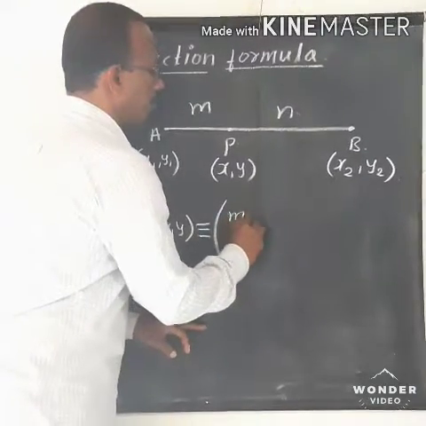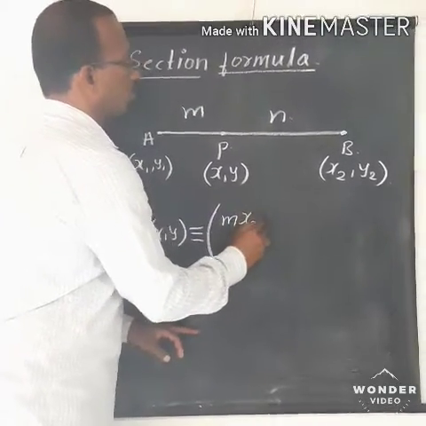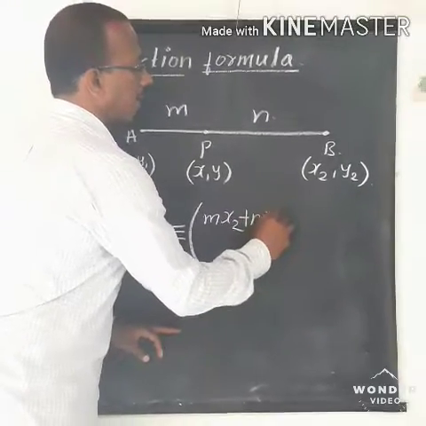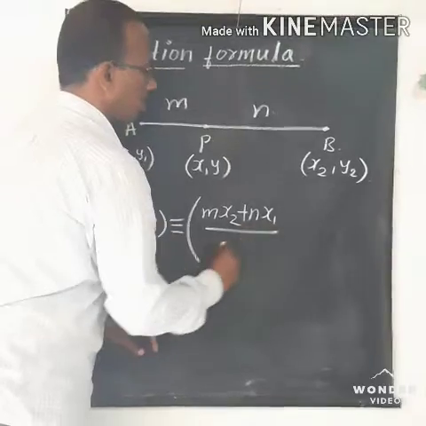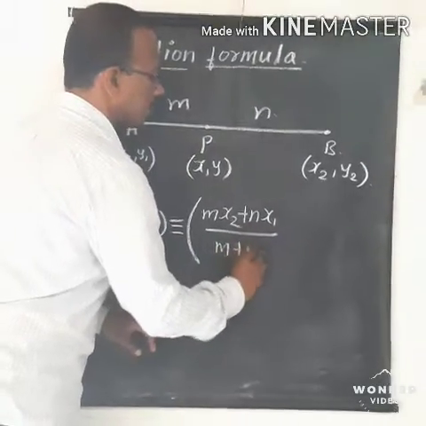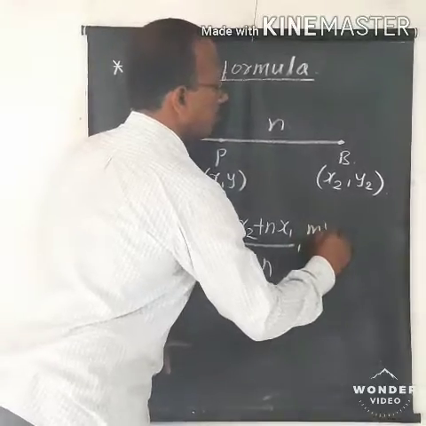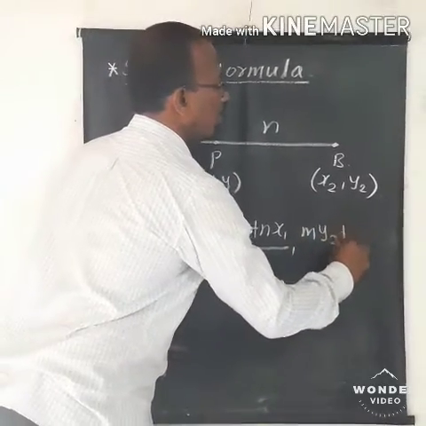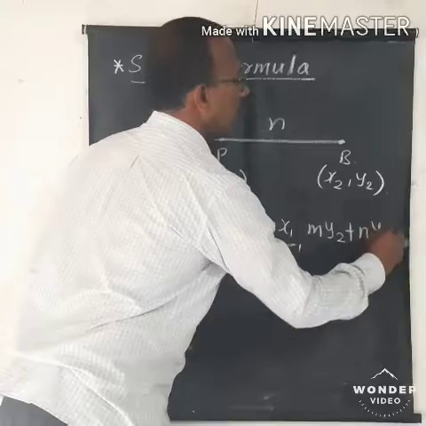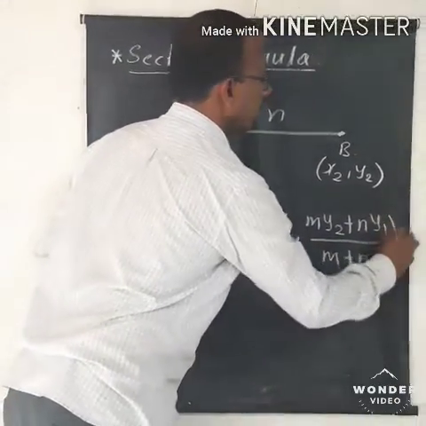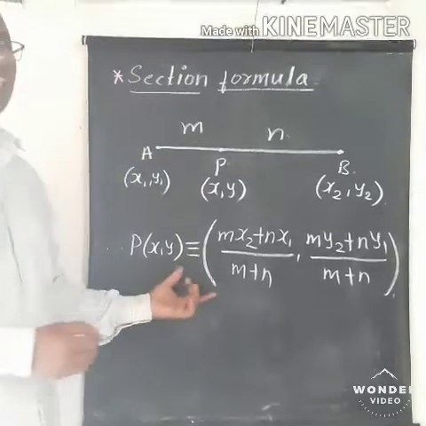So (m x2 plus n x1) upon (m plus n) and (m y2 plus n y1) upon (m plus n). So this is the section formula.